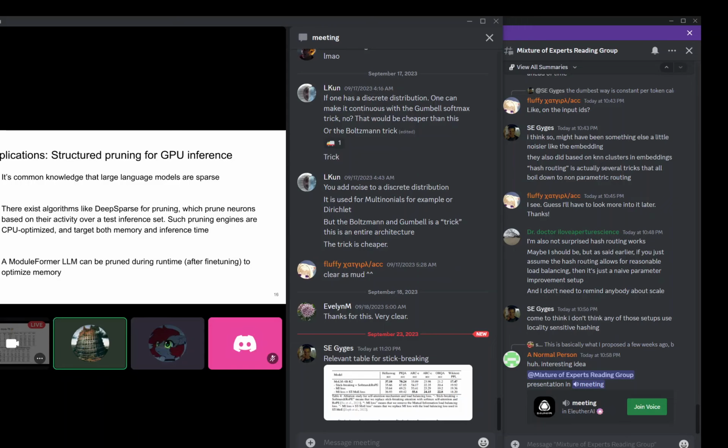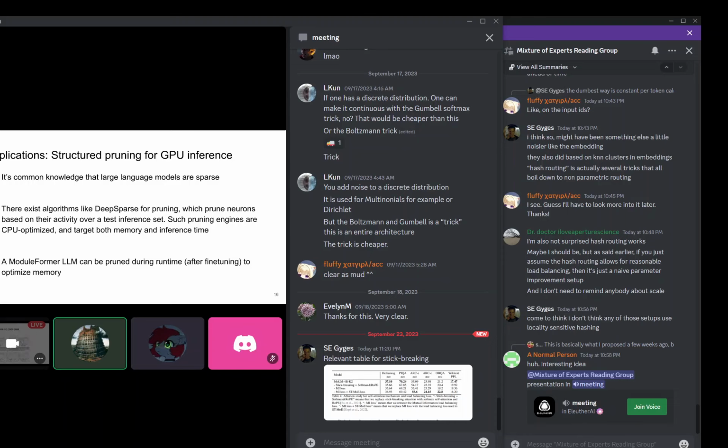We don't want matrices with zeros in them if we're running GPU inference. So we actually want some kind of structured pruning, where big chunks are pruned instead of small pieces, right?